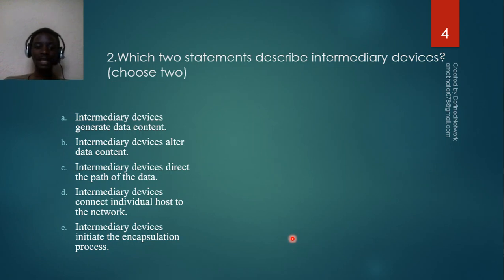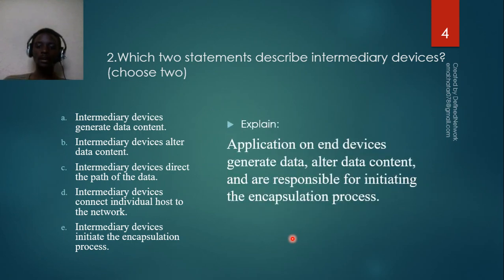Intermediate devices select the path of the data. Intermediate devices connect individual hosts to the network. Intermediate devices initiate the encapsulation process. Intermediate devices are things like routers and switches. Those are intermediate devices, and the others are end devices. So which one then?